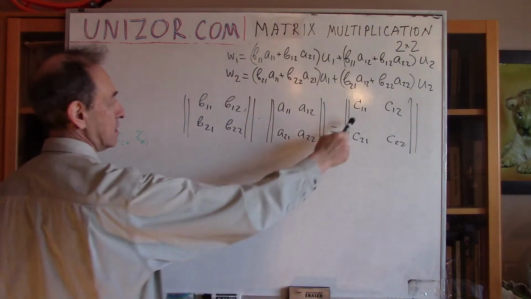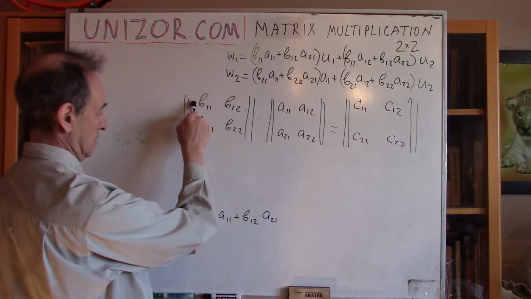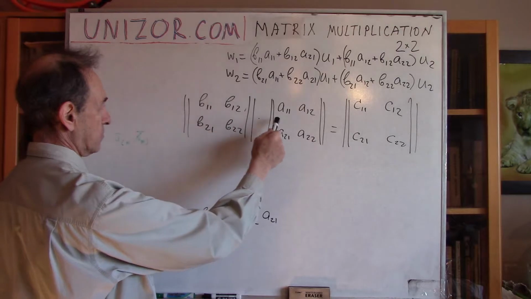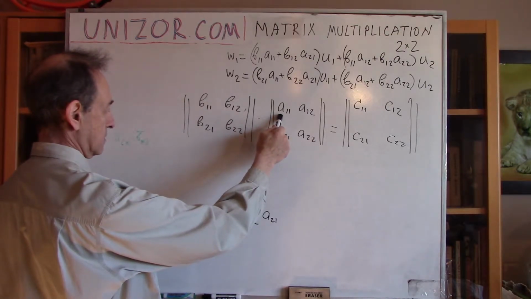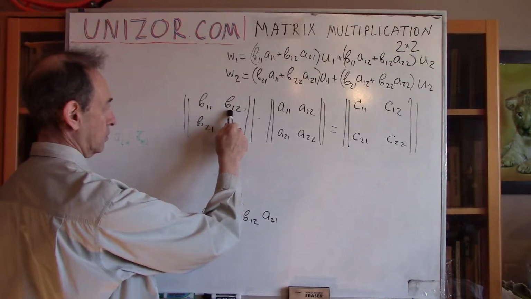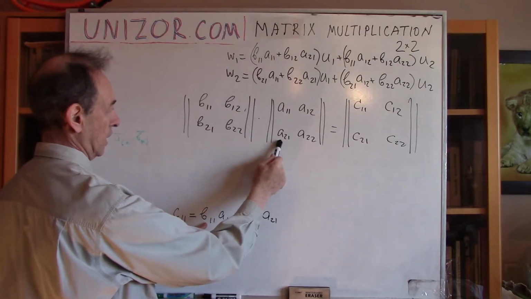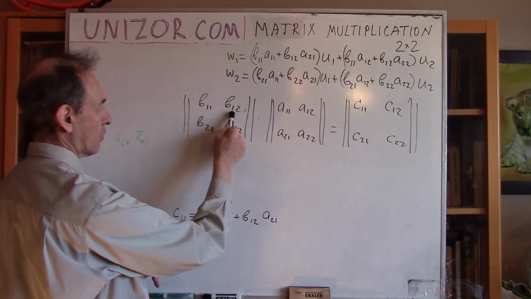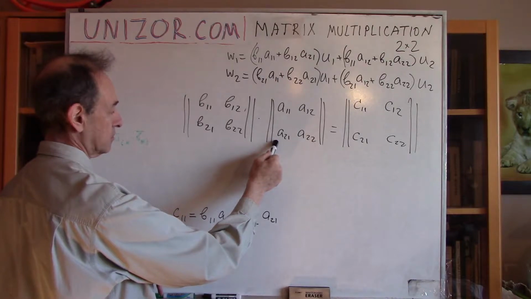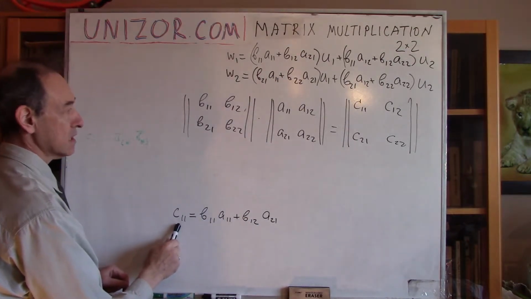So C11 is equal to B11 times A11 plus B12 times A21. So I'm taking the first row and the first column. And notice this, the element index is 1, 1.